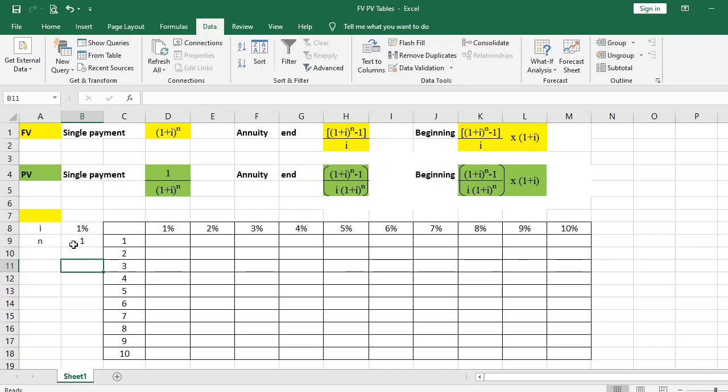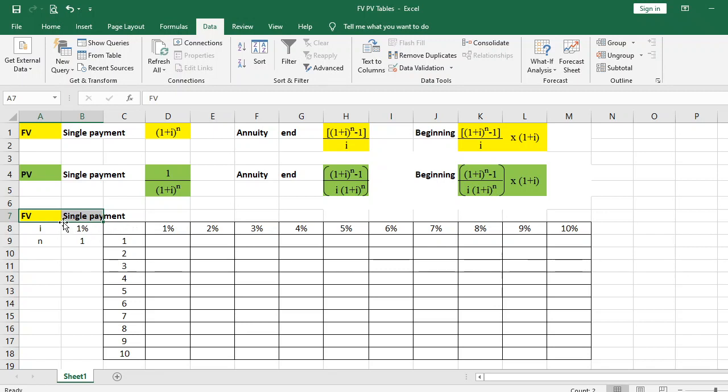Now let us find out the future value for single payment. What is single payment? The payment is made as a lump sum once. So let me copy this and paste it here. Now I have to type the formula here on the left top corner.